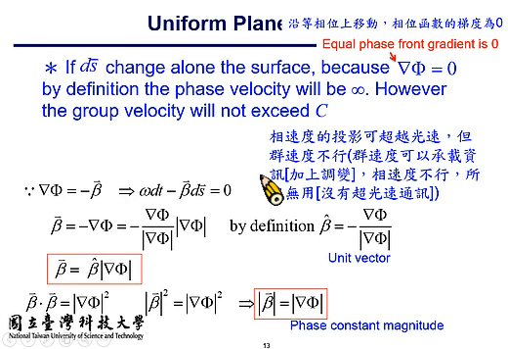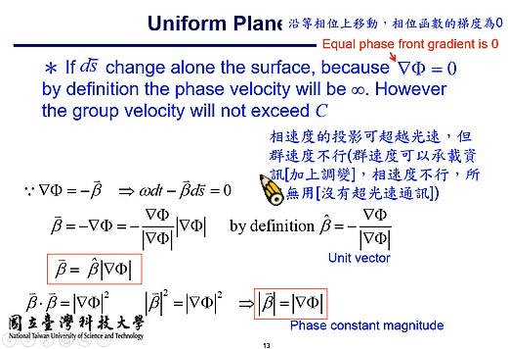Because even though the phase velocity can surpass the speed of light very easily, if you want to transmit information, or if you want to transmit energy along with the wave, then the actual propagation velocity will become smaller. All right?